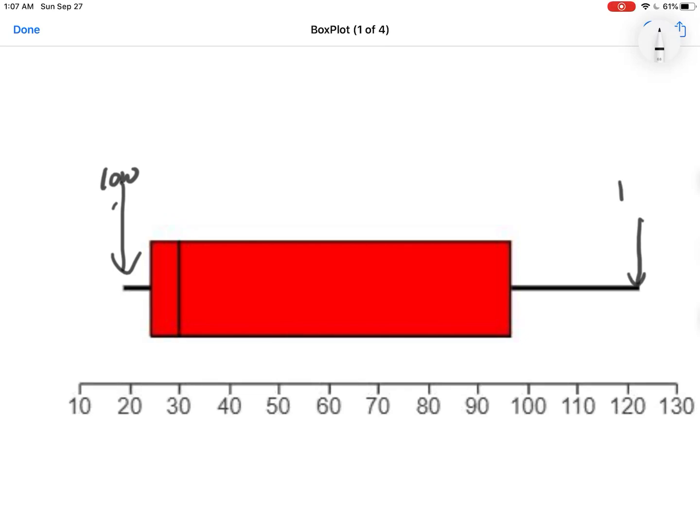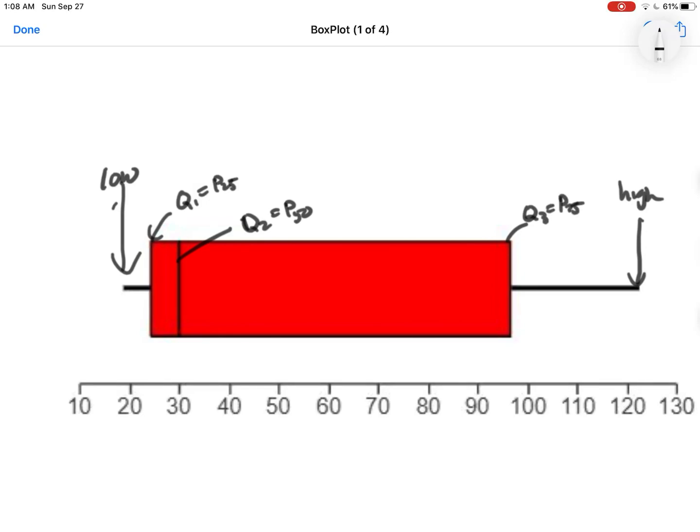This point right here represents the high value of the data. This first line is Q1 or P25. This second line is Q2 or P50. And this third line right here that creates the box is Q3 or P75.